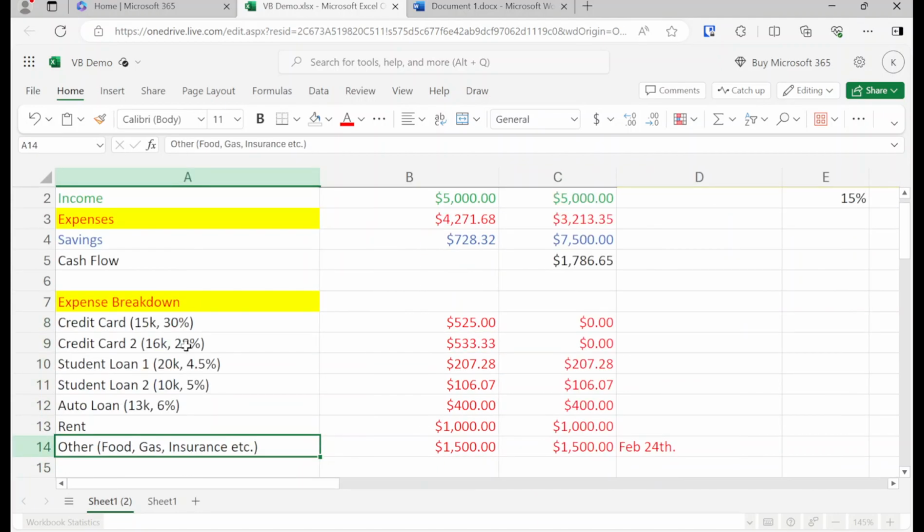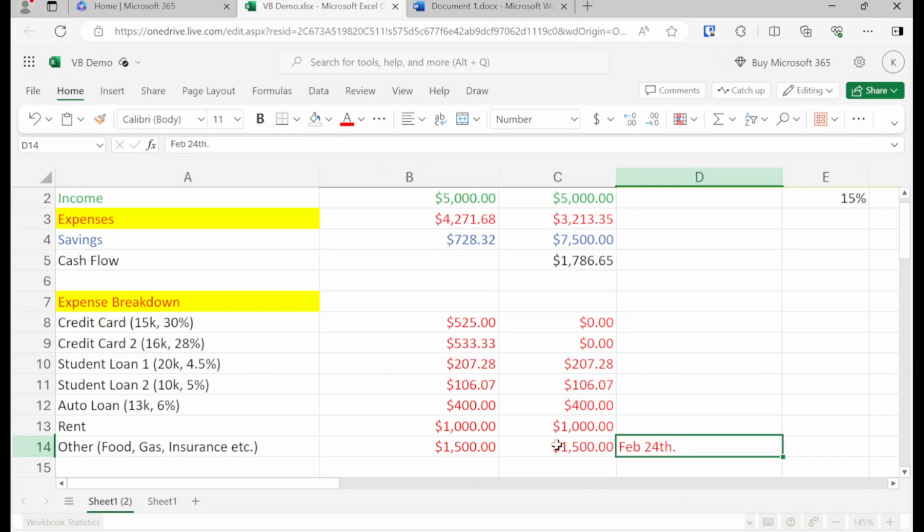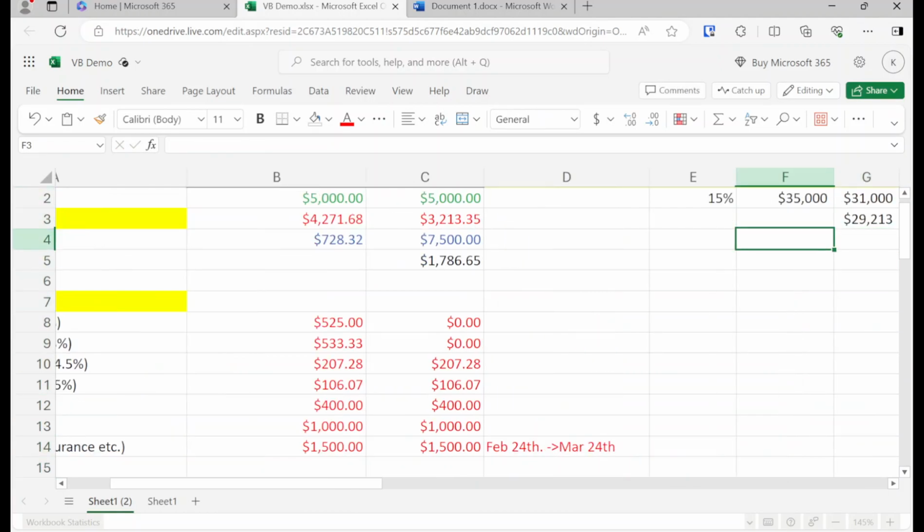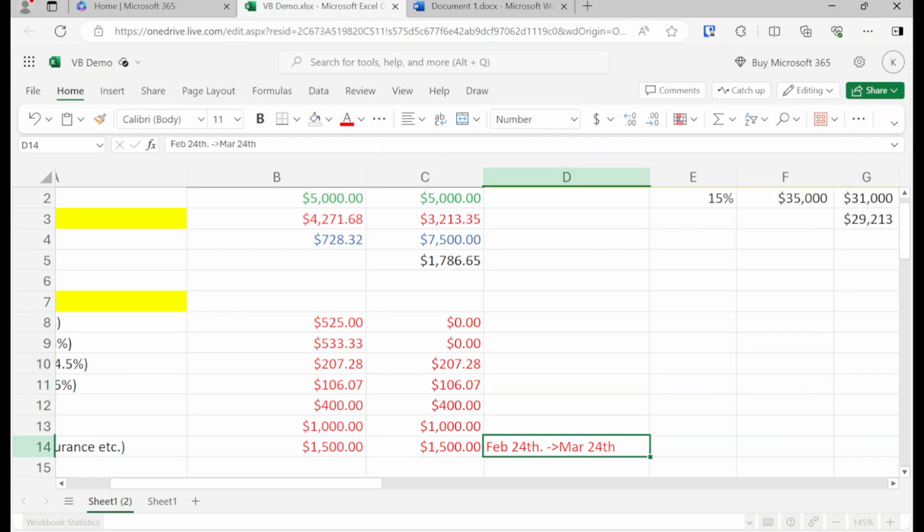So what I'm going to do is pay for my food, gas, and insurance on February 24th with the credit card, and then once the bill comes, maybe a month later or one or two weeks later, we'll just say March 24th, I take out that money from the personal line of credit and pay this off in full. So it's like I'm skipping the interest period for my general expenses by about a month.